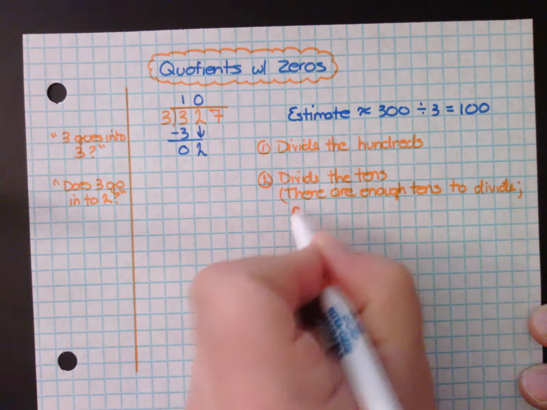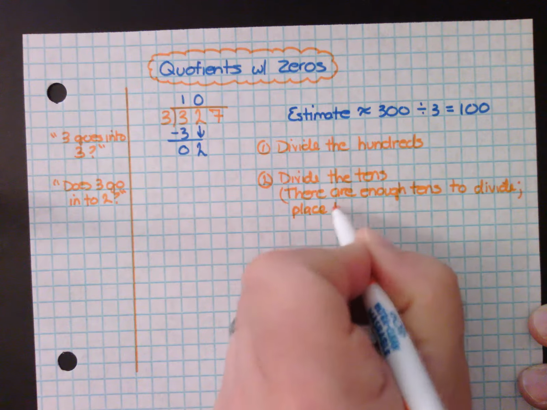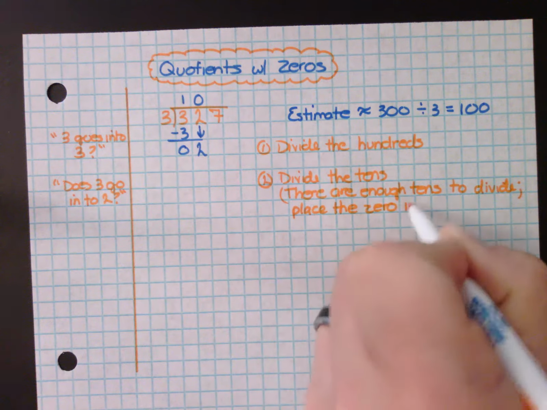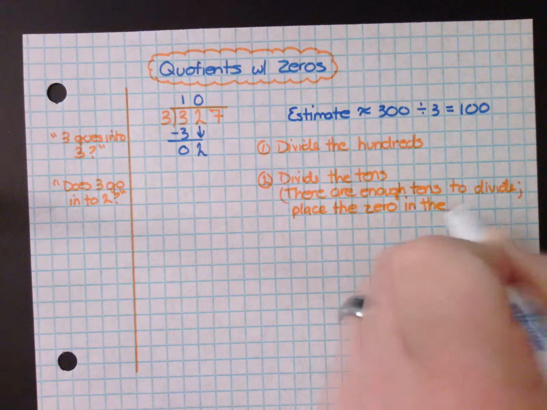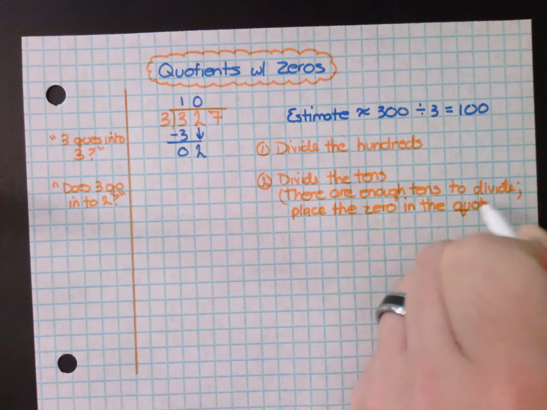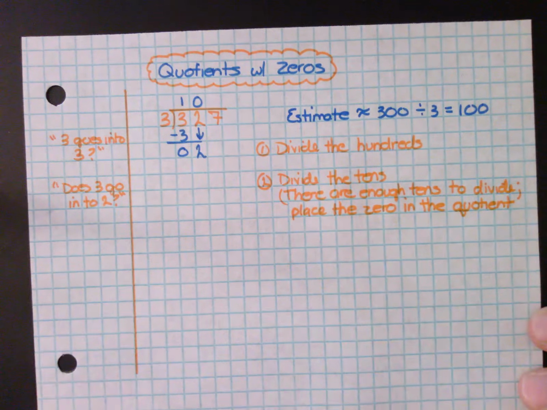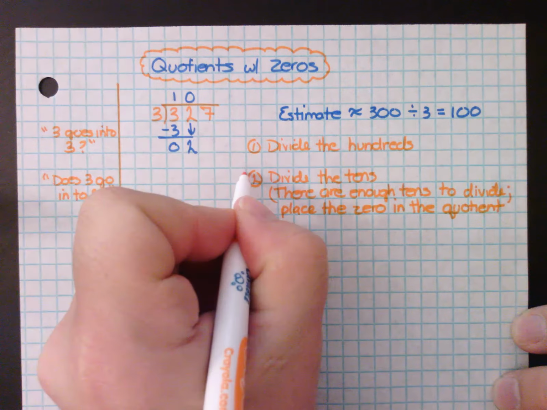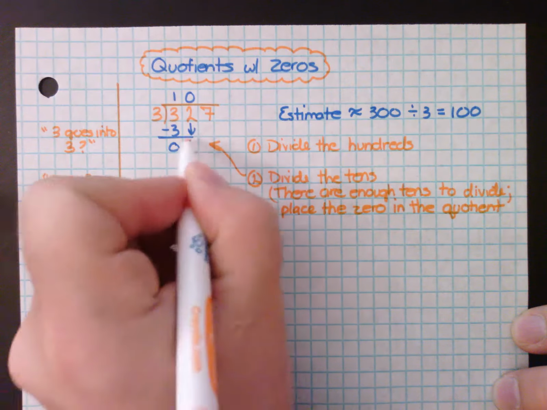So I'm going to place the 0 in the quotient. And so that step is shown right there.